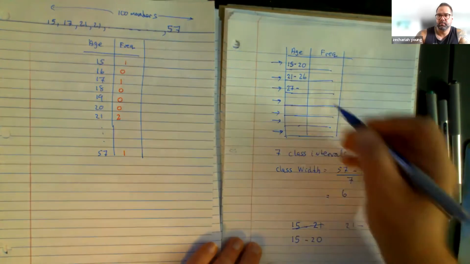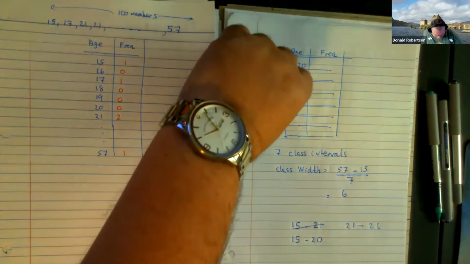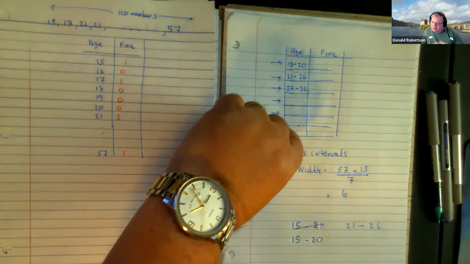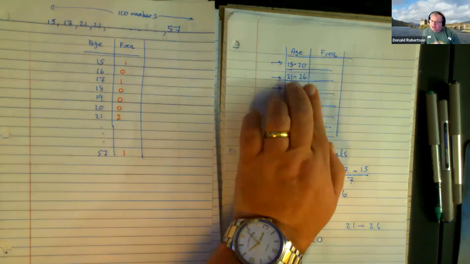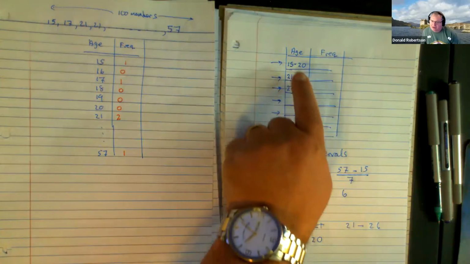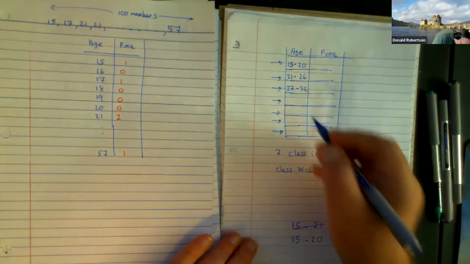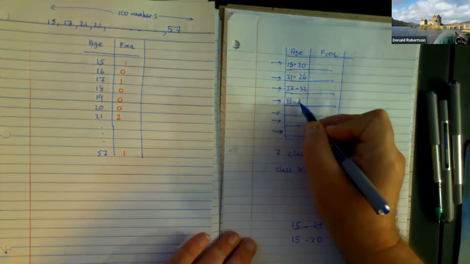32. Now, the pattern I'm talking about, do you notice that the first numbers go up in 6s? And you know that the end of the interval also goes up in 6s? So actually, once you've got the first interval, can't you just use the class width and keep adding all the way down? So the next number would be add 6 and add 6.